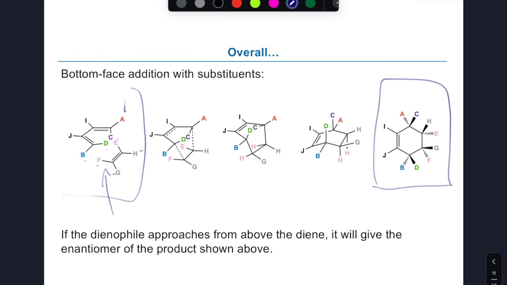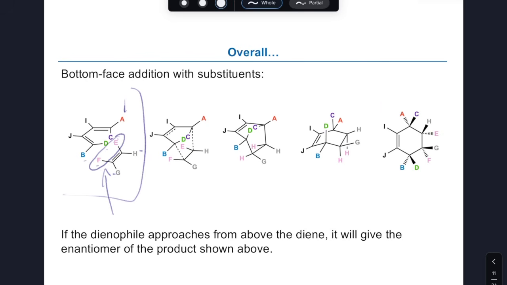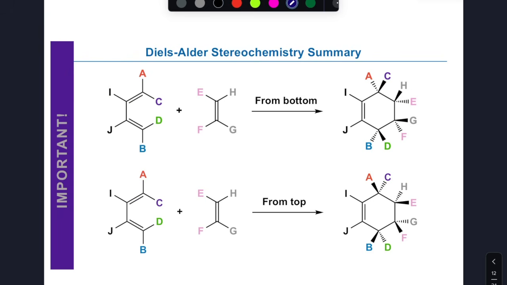What we're saying is that if the groups happen to adopt the positions here at F and E, that's equivalent to the endo approach, and we'll have that geometry. If the groups happen to adopt this G, H, they would be in these two positions when they're finished over here. So this gives you a general template for any Diels-Alder stereochemistry.